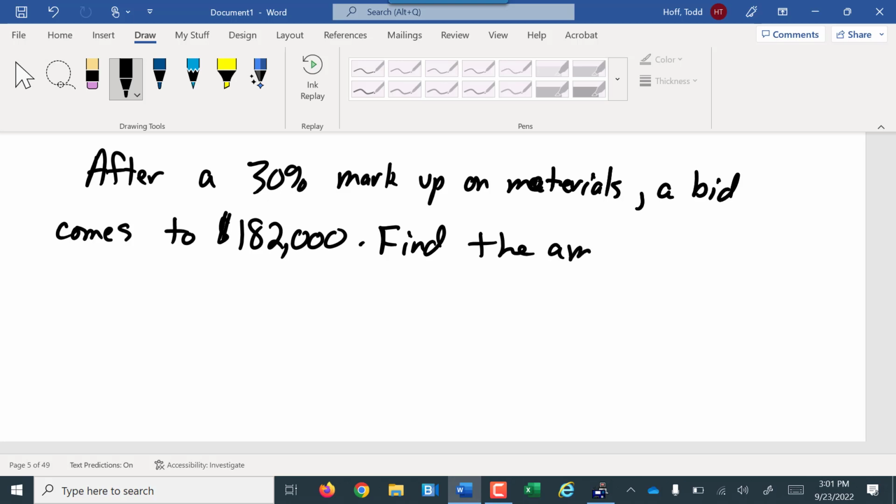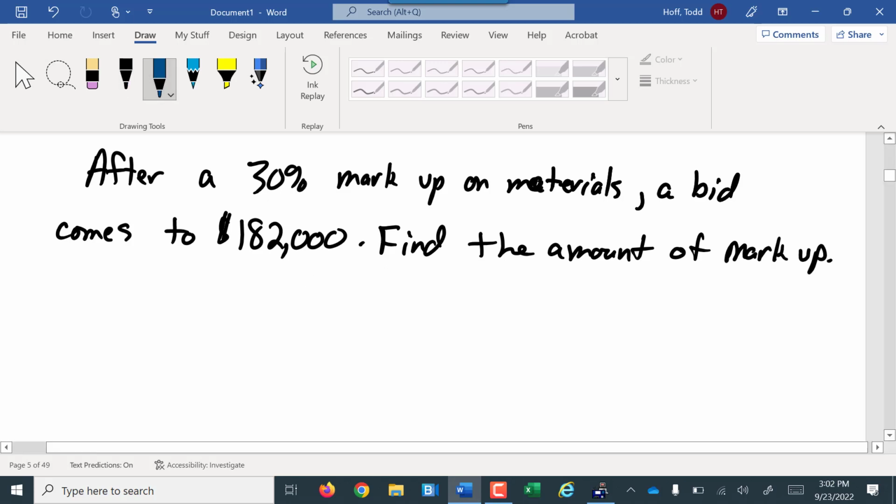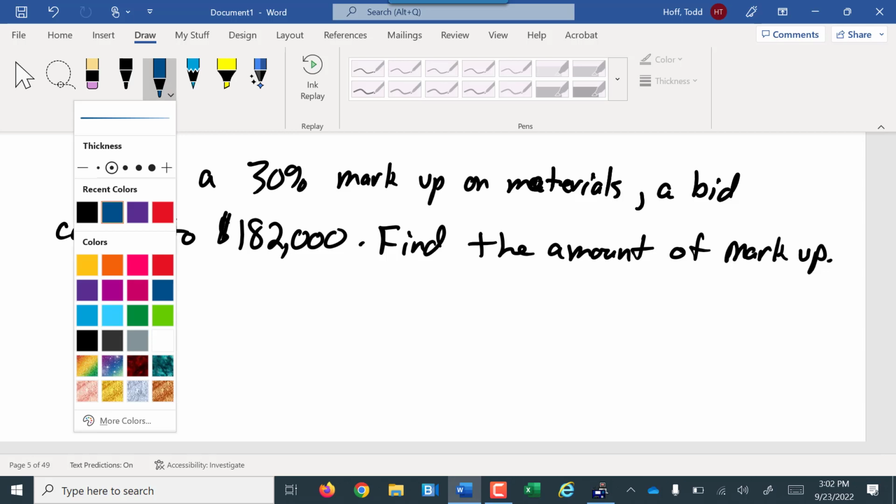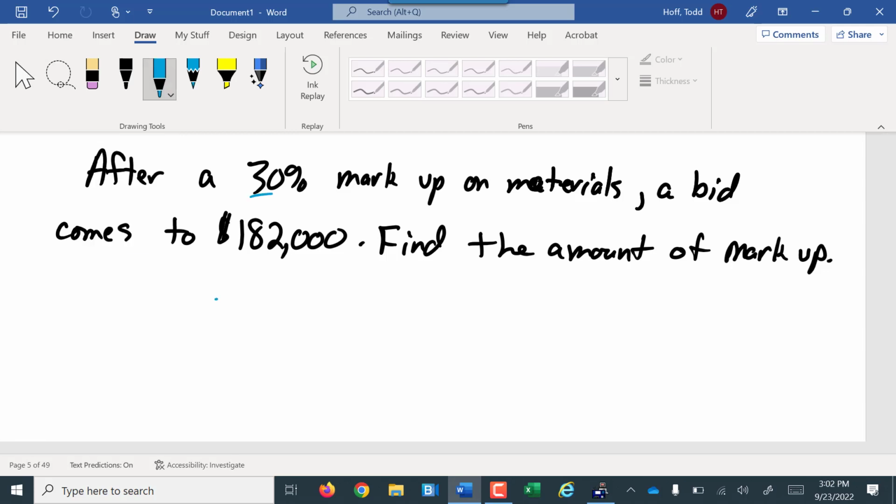Find the amount of the markup here. So the percent that's visible in the problem here is what? 30%. So 30 over 100.